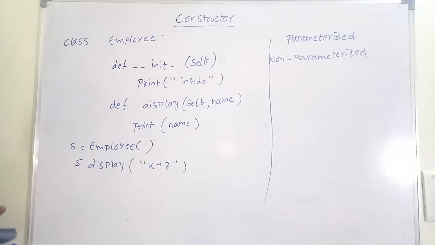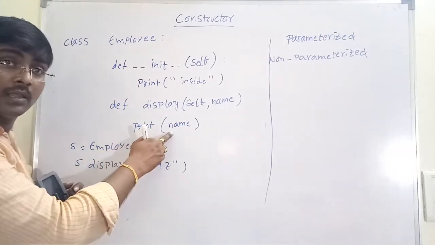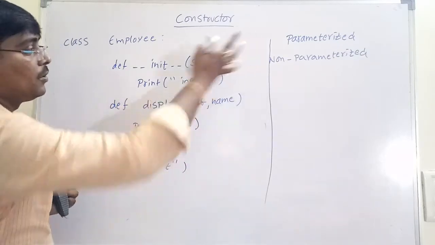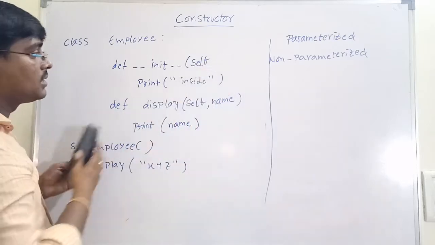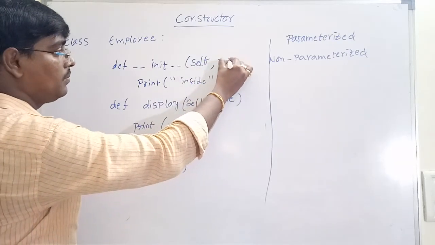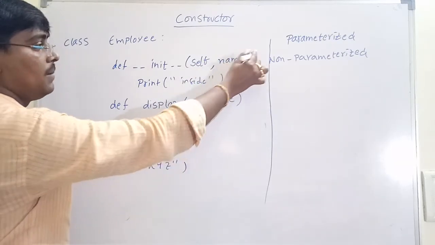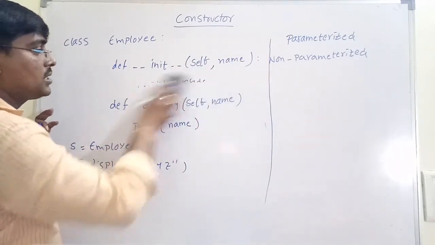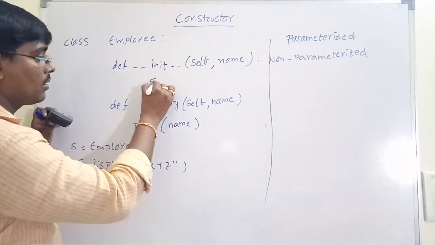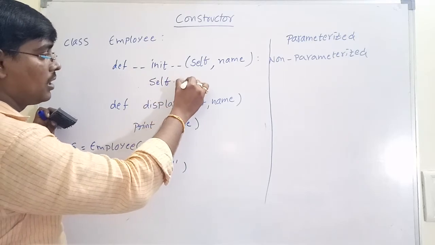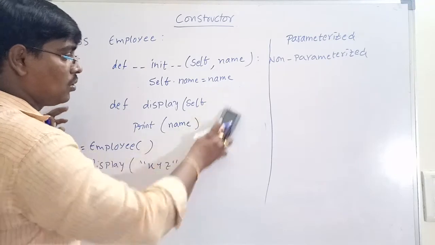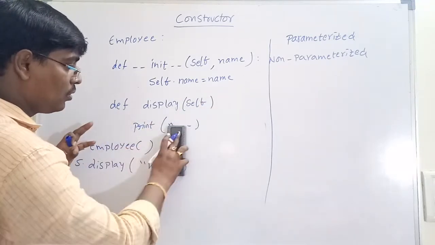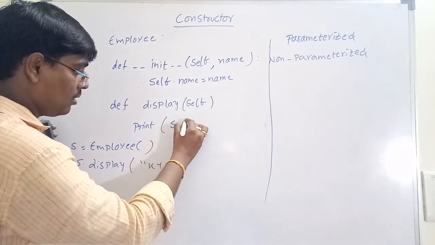This is a non-parameterized constructor. Okay. Suppose I show the same example for a parameterized constructor. How to modify? Self, comma, name. Here I am passing name, and I have to initialize self dot name is equal to name. So here we have to write self dot name.